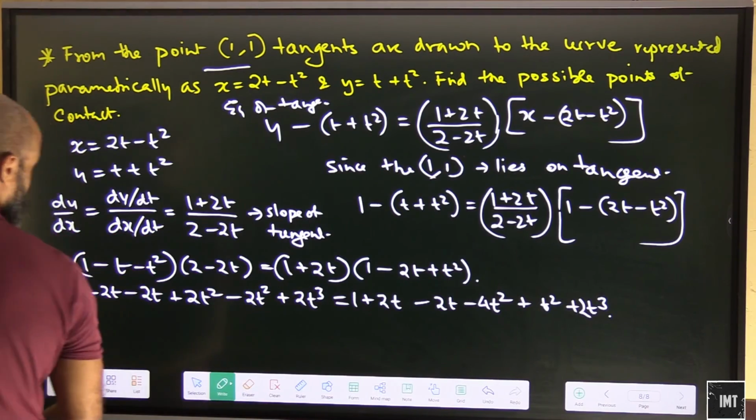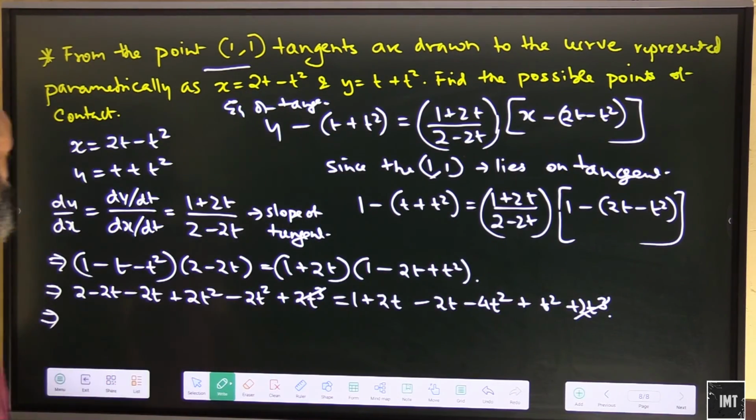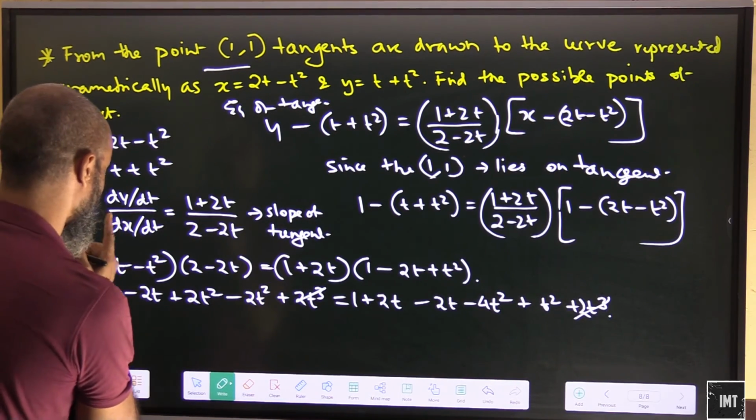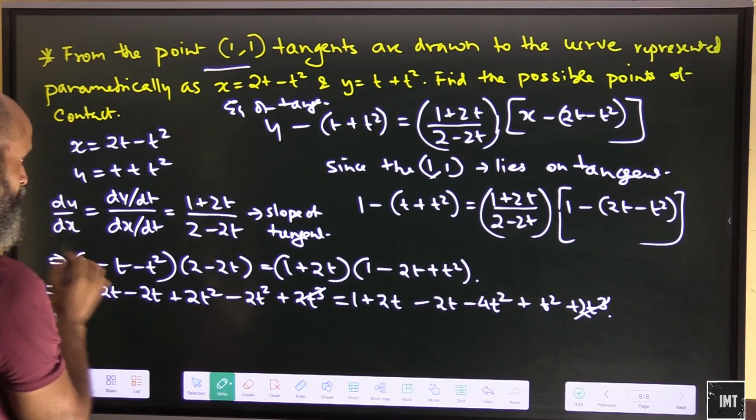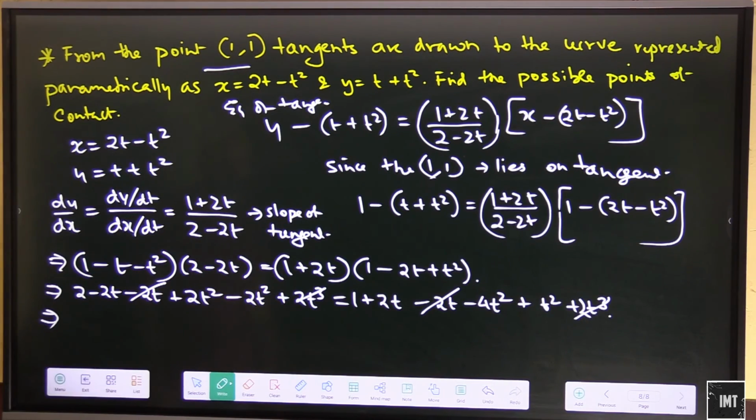Okay, let's calculate this here. This 2t cube obviously gets cancelled with the other 2t cube. Quite a long expression here. Let's see what else gets cancelled. Here we have a minus 2t, which gets cancelled with a minus 2t.